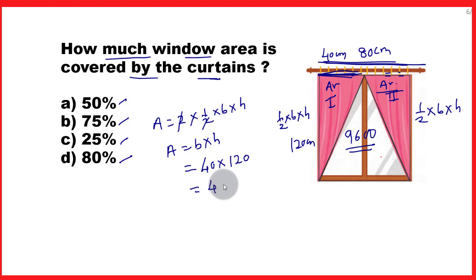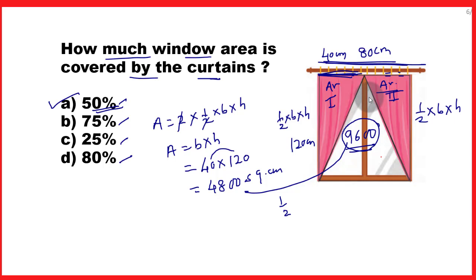So total area of two curtains will be 4800 square centimeter, and the total area of the window is 9600. The area of the window is 9600 and the area of the curtains is 4800. This is half of it, and therefore the curtains cover 50% of the area, and therefore option A is the correct option, that 50% of the area is covered by the curtains.